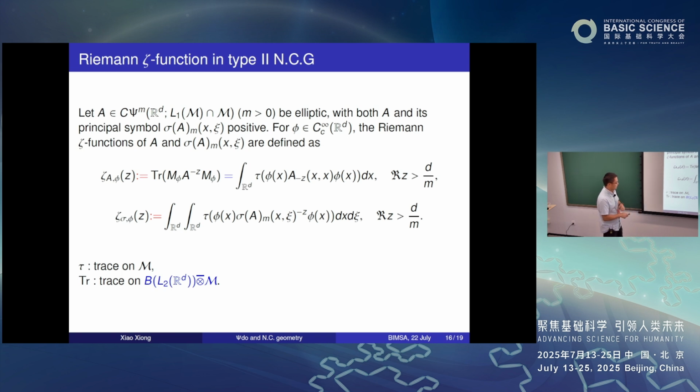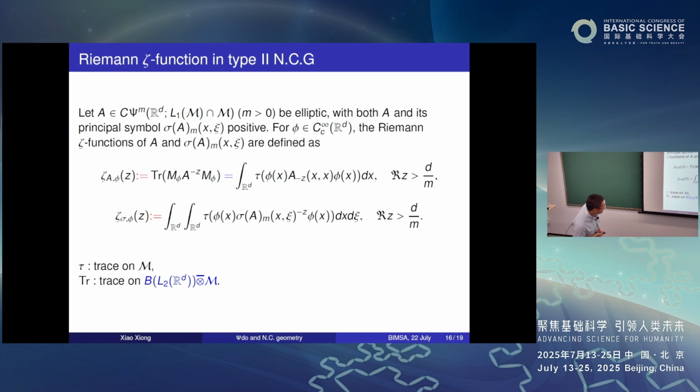But just be careful that the trace here, the capital T here, means the trace on this larger tensor algebra. Still, if we ignore this M, then it is the trace on this B(L2).